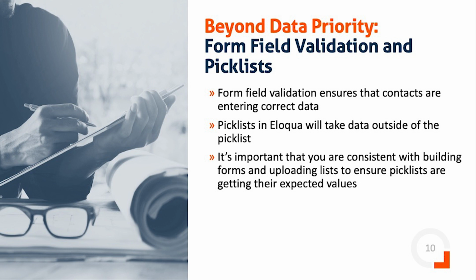Other systems you can turn on a field level validation type thing. So again, say Salesforce, for instance, you can have it set up so that it rejects values that are not on the list. But Eloqua doesn't do that. So a classic scenario: you build a form in Eloqua that uses an open text field and map it to one of Eloqua's pick list fields, and that field will accept whatever comes to it, provided that it matches the data type.